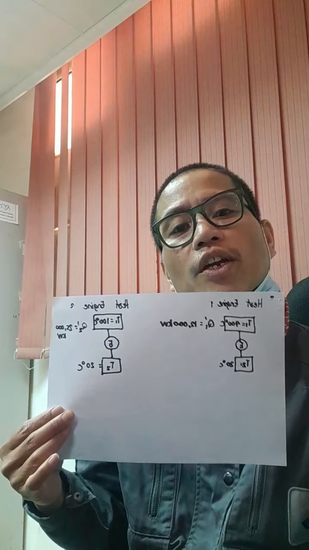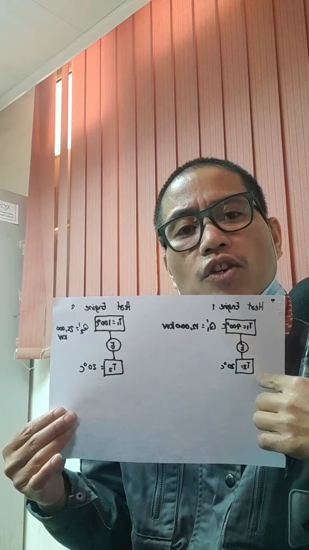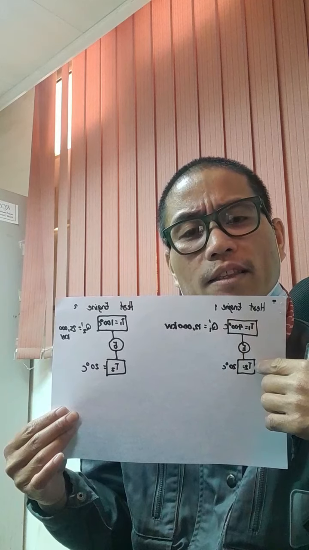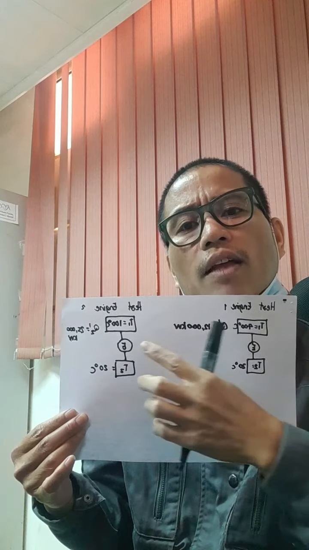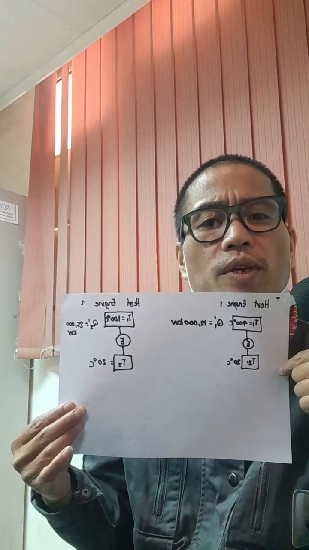Here we need the input. This Q here is an input for heat engine 1, so this Q1 is the heat input, right? And this one is also the heat input at heat engine number 2. So we need to solve the efficiency.